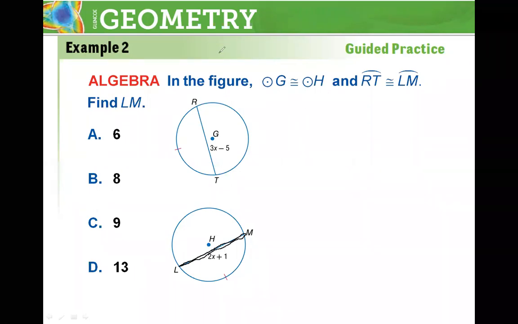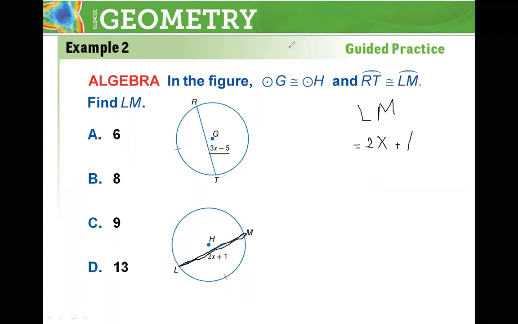After that, we write that 3x minus 5 equals 2x plus 1, as we know that RT will be equal to LM. I need to find LM. So RT equals 3x minus 5, as he wrote, so 3x minus 5 is equal to 2x plus 1. After that, we subtract 2x from both sides.